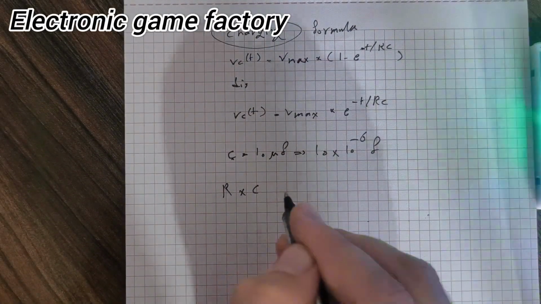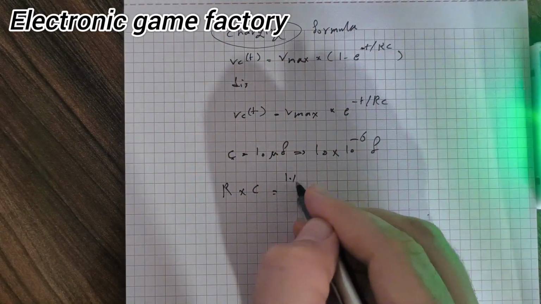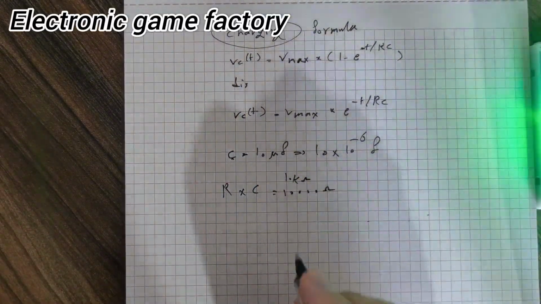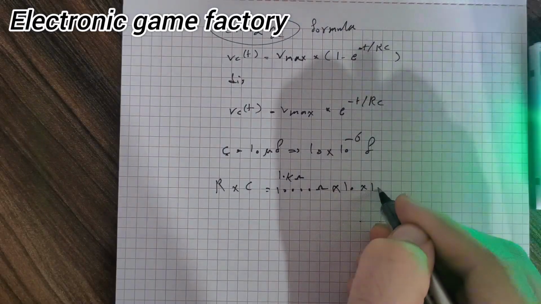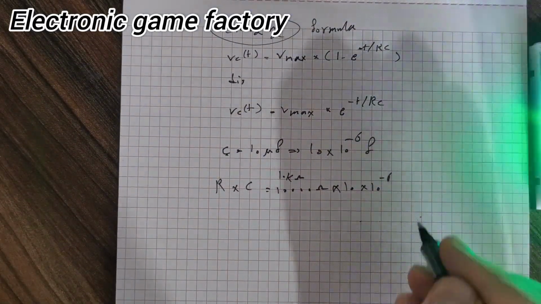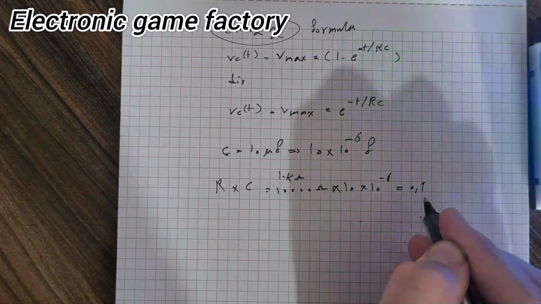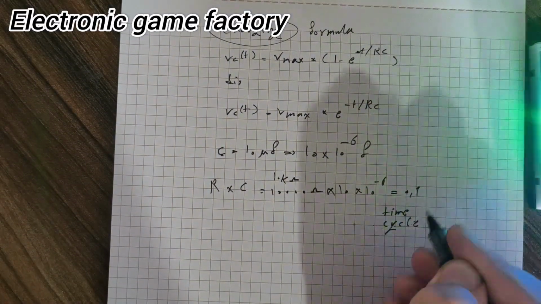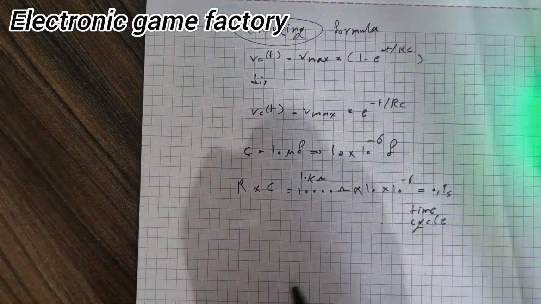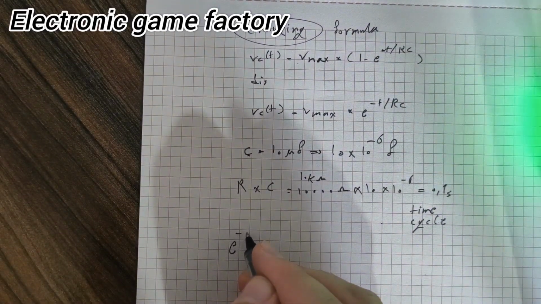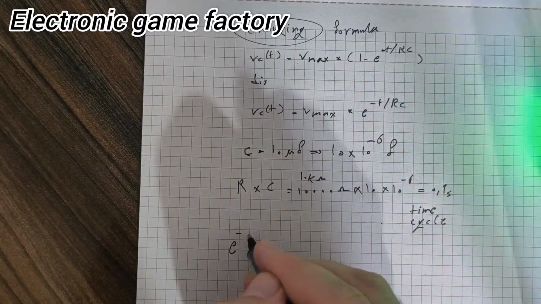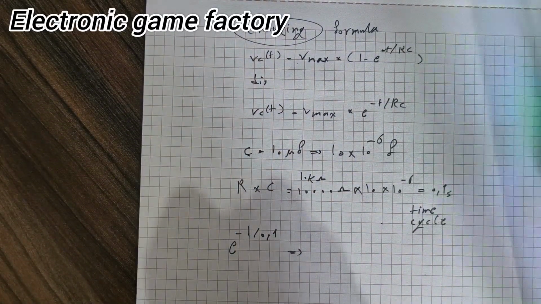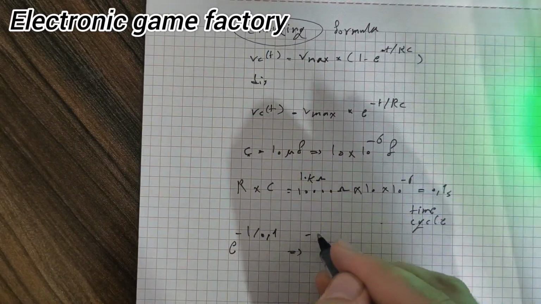And R times C, which R is 10 kilo or 10,000 ohm, times 10 times 10 to the minus 6 is 0.1 time cycle, which in the calculation we have something like minus 0.1, which can be minus 10.